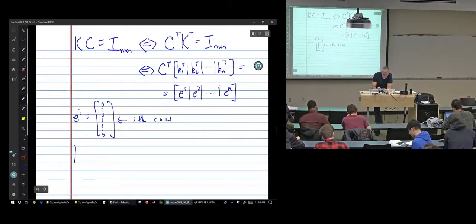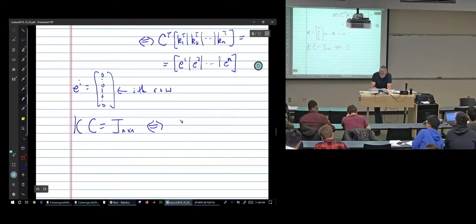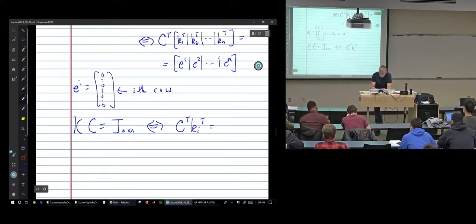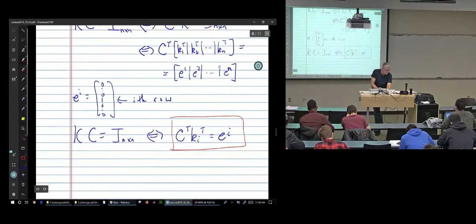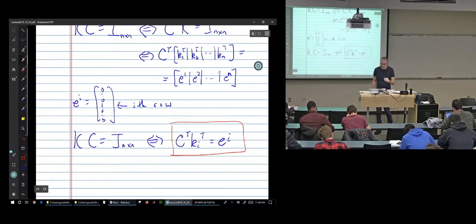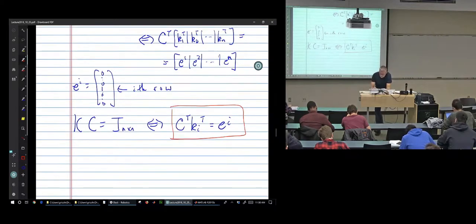And so I get KC equals I (n by n) if and only if C transpose Ki transpose equals Ei. Okay, so that's the unbiased condition. This should hold true for 1 less than or equal to i less than or equal to n.